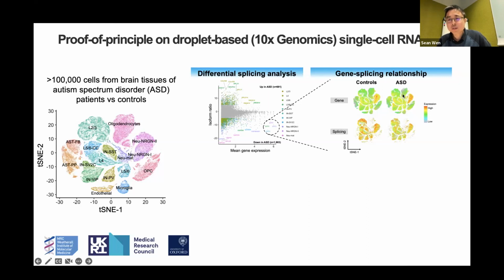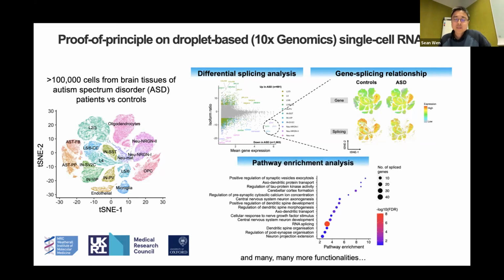So you can see that at the gene expression level, there's virtually no difference in its expression between the controls and the autism individuals. However, if we look at the splice junctions of this gene, you would see that it is more upregulated in the controls, and conversely, it is downregulated in individuals with autism. So again, this example just highlights that there are some candidate genes that we just don't detect by performing differential gene expression alone, but we are able to detect when we perform differential splicing analysis.